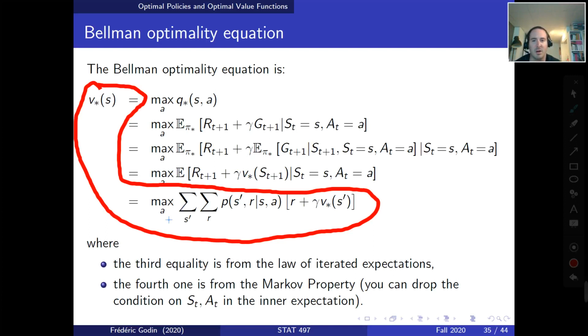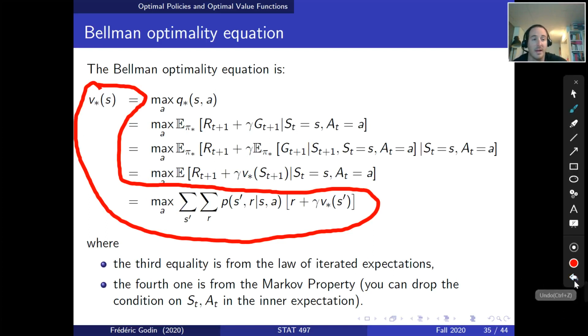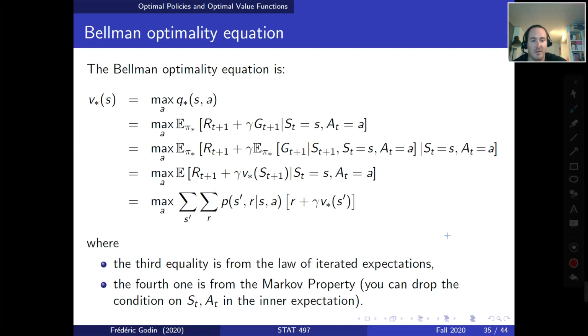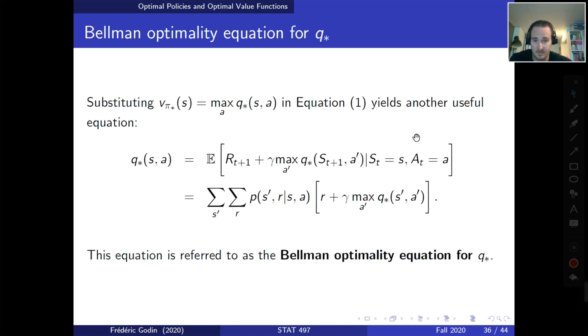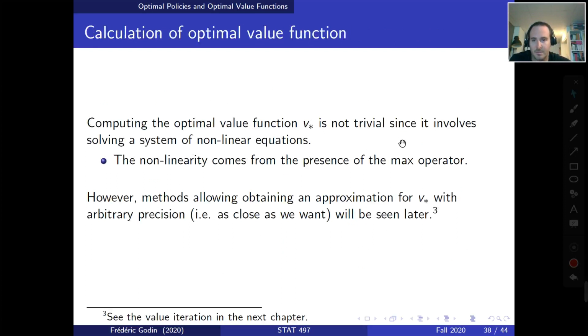Okay, so this is more complicated than that. Okay, so calculating the optimal state value function is a very non-trivial endeavor in practice. Okay, but this is what we need to do, so we'll learn methods to try to compute or at least approximate this function.